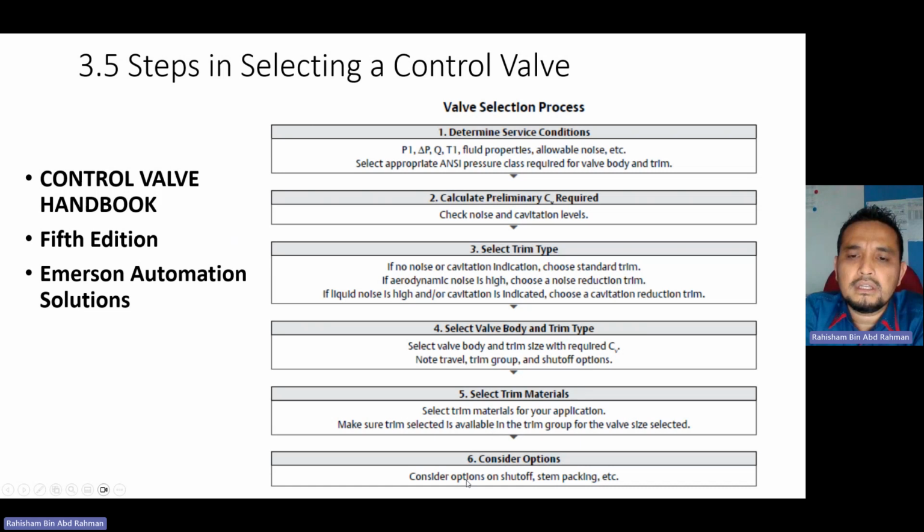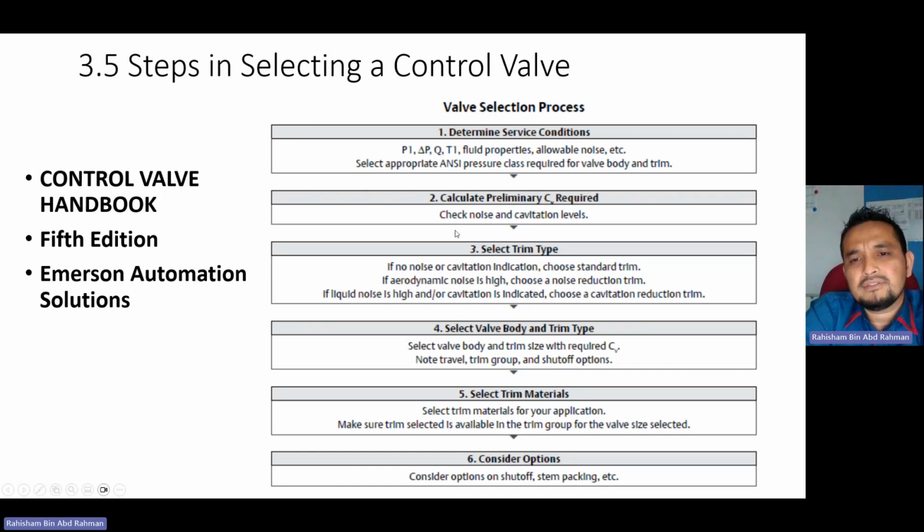And then finally we need to consider the operation, whether it is a safety valve, open, shut down, shut off, like chemical reaction and all that. So this is the basic of how we are going to decide what type of valve to be used in applications.